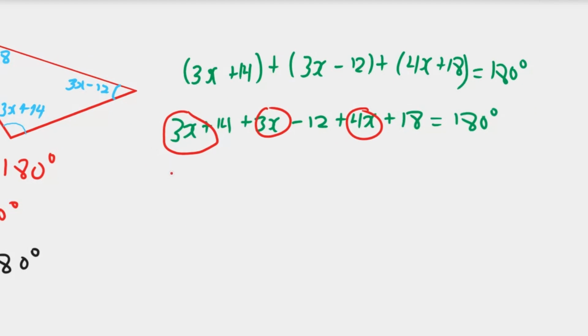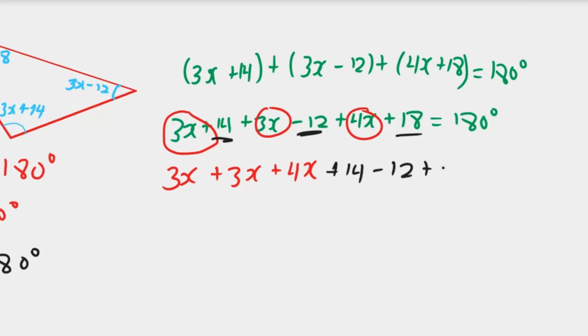So that's going to be 3x plus another 3x plus 4x. So we come to the numbers. We have 14, negative 12, and that of 18. So we have plus 14 minus 12 plus 18, so that's equal to 180 degrees. So let's simplify these. 3x plus 3x, that's going to be 6x plus 4x. So we have 10x in this case.